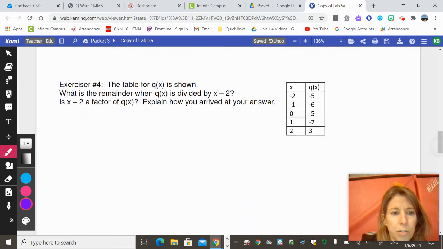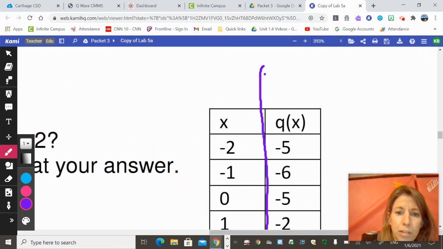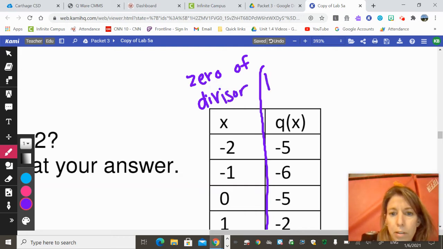All right, and then I told you, besides using an equation or a graph, we can also use a table. So now this is an example where they use a table. And again, I'm going to keep repeating this. The input is always the zero of the divisor, and the output represents the remainder.